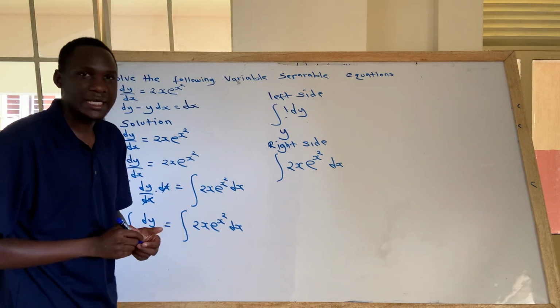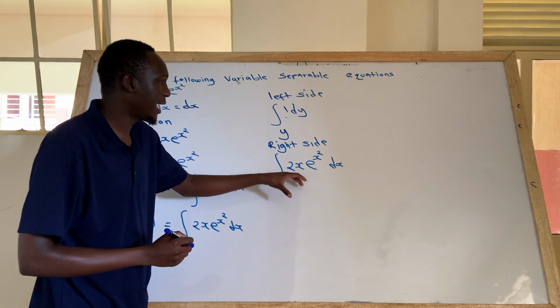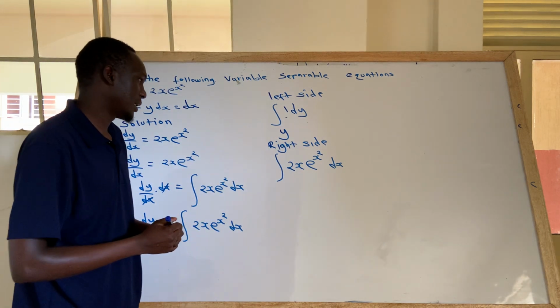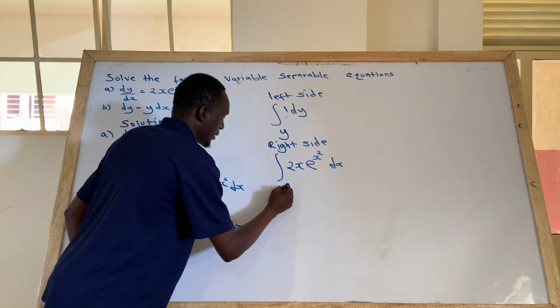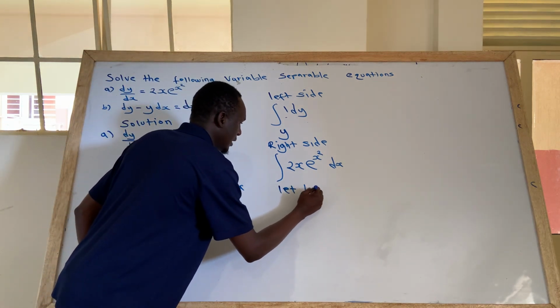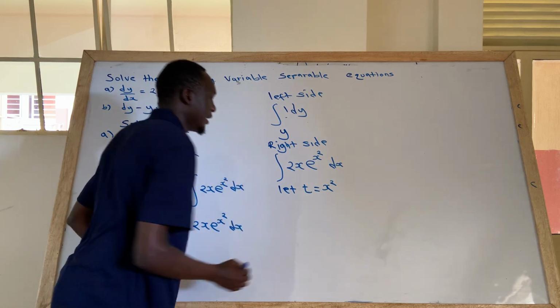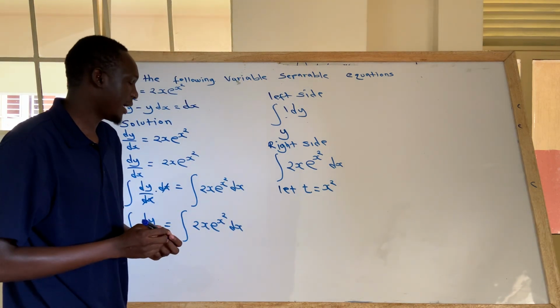We need to integrate 2x e raised to x squared dx. We can let t be equal to x squared.